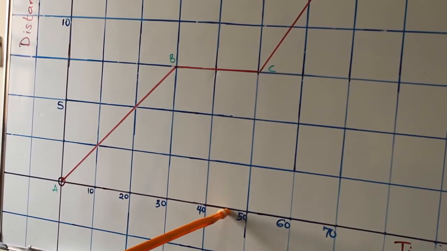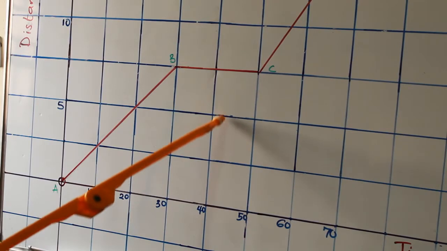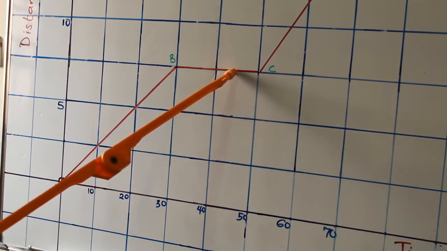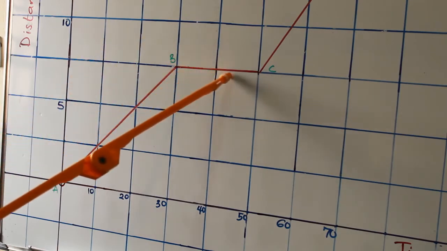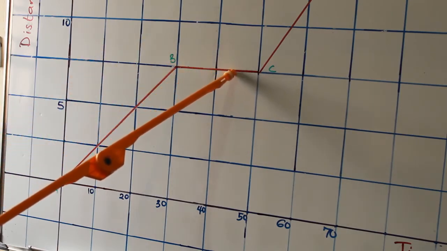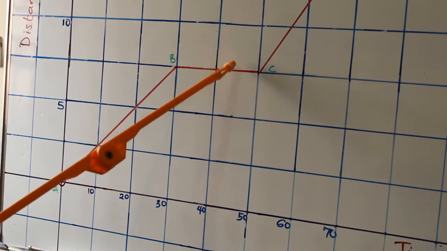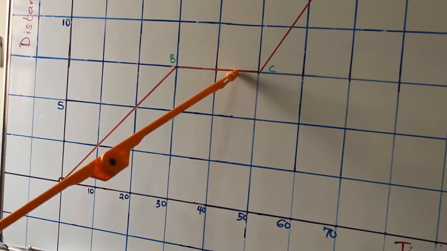The question is, how far had he gone? We're looking for distance. So we're going to trace it up to the point where it touches the graph, and then we're going to trace it back to the distance. We notice that he had stopped from his journey at 45 minutes.